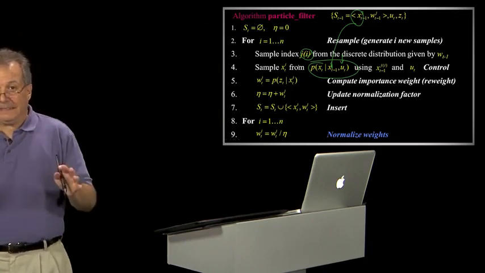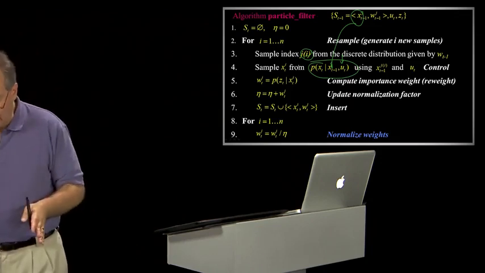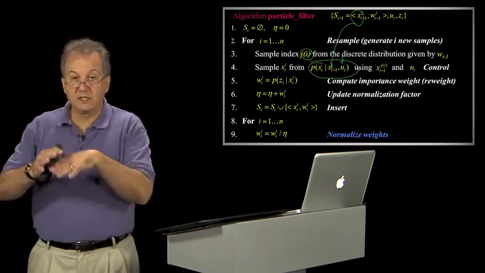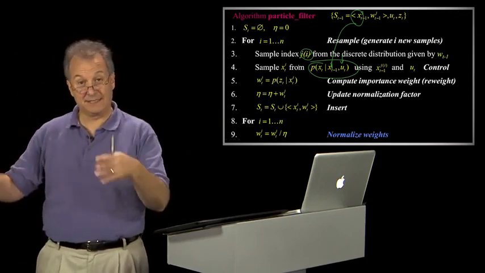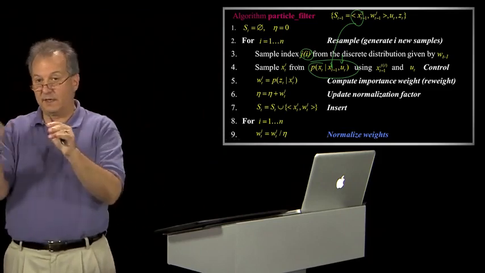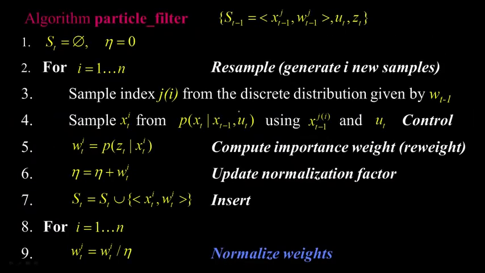Every time I do this, Megan goes, all right, take a step a meter to the right. And then I'm going to sample from a distribution because there's actually some uncertainty about that step, right? That's our process noise. So it's a little tight Gaussian. I generate a little bit of noise, and I add that. That's what this sampling value is here, using the previous sample, the control, and then whatever the noise is, okay?